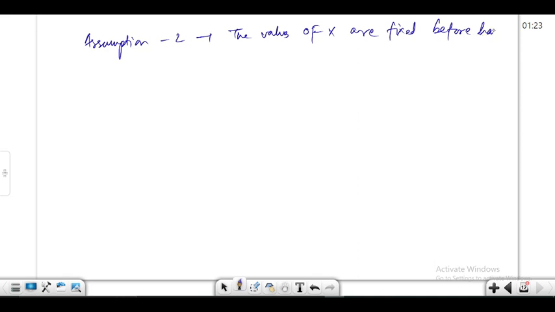Then I have assumption 2, and it says that the values of x are fixed beforehand, or x is non-stochastic.